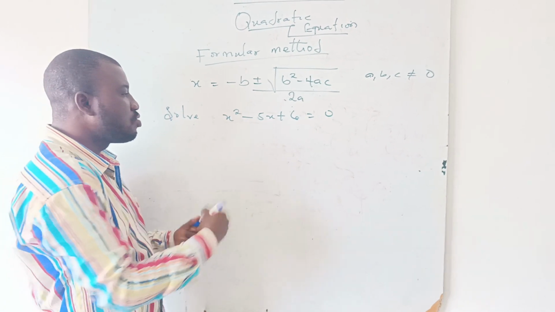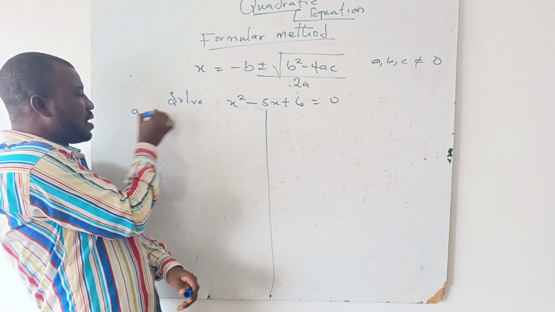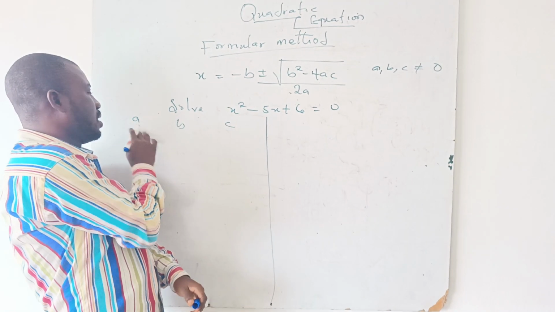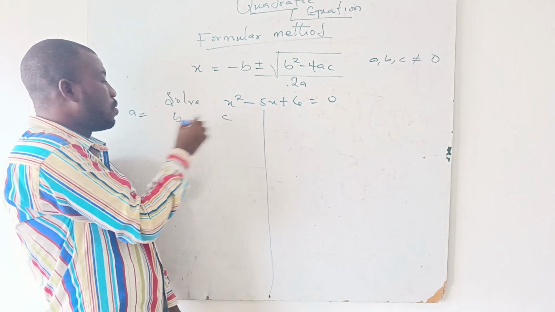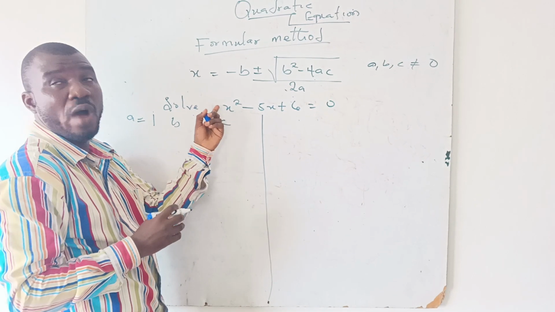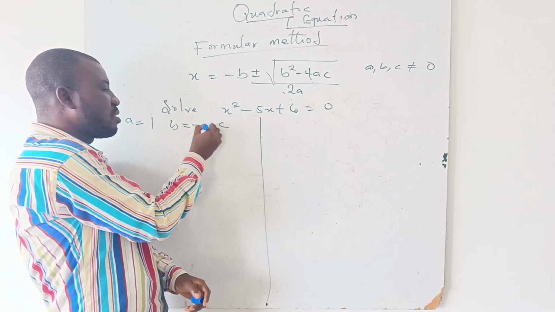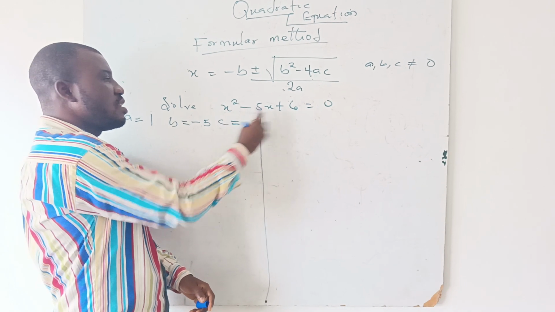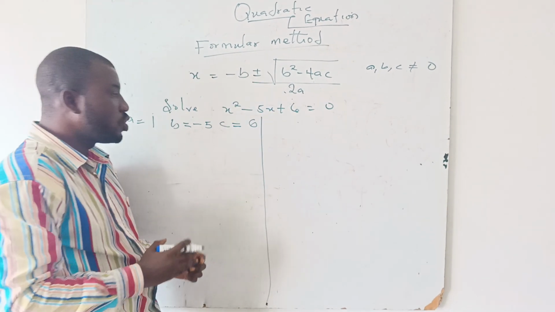So the first thing we need to do is to get your a, b, and c. Your a is the coefficient of x squared, which is equal to 1, because the coefficient of x squared is 1. While your b is the coefficient of x, which is minus 5, and your c is the constant, which is 6. So that's the first thing you need to do.